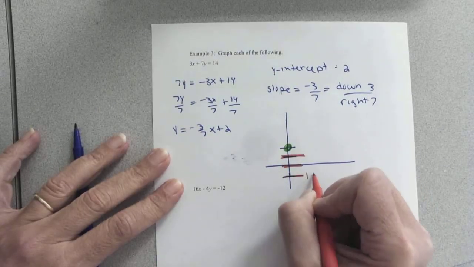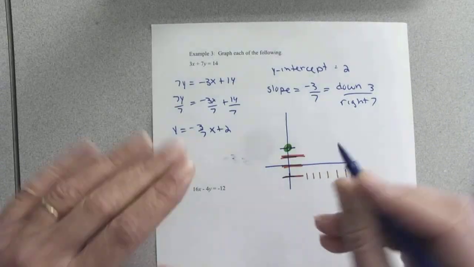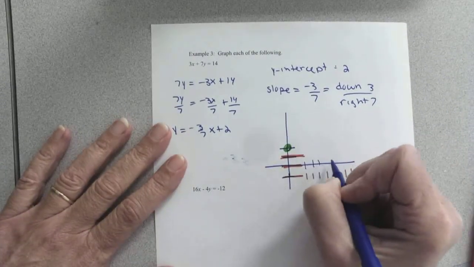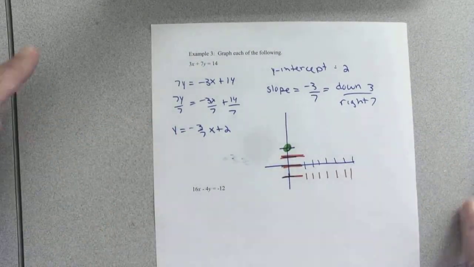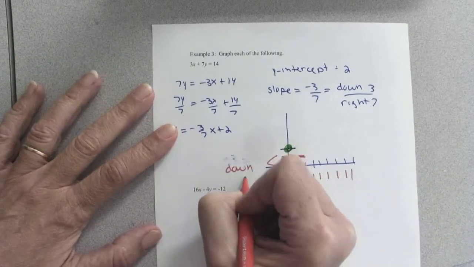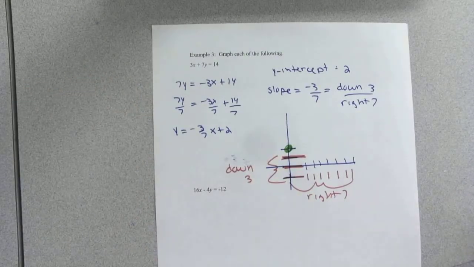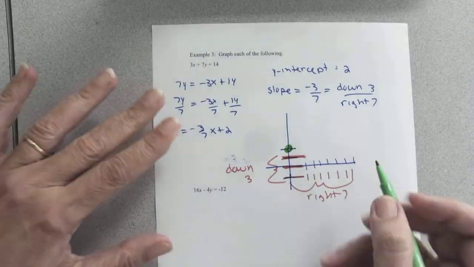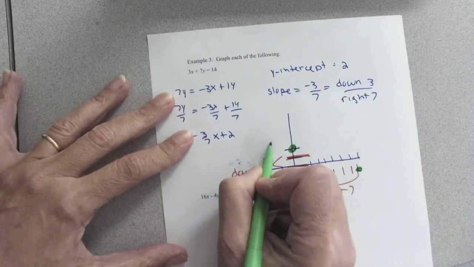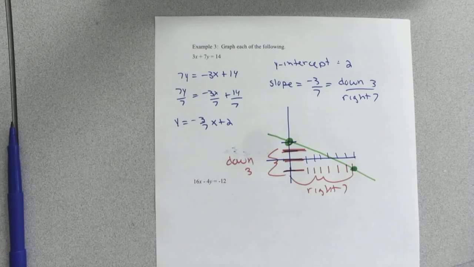Right 7. 1, 2, 3, 4, 5, 6, 7. And I'll just draw my tick marks along here too. So down 3. Right 7. Plot a new point. Connect the dots. And that guy is graphed.